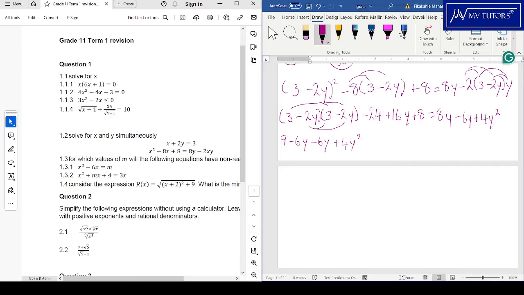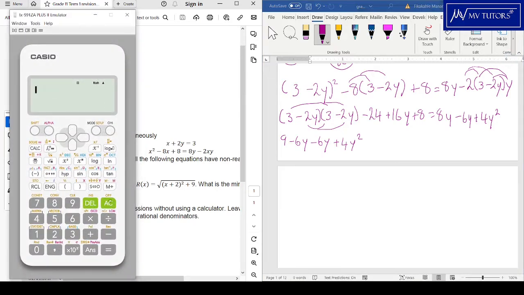Minus 24 plus 8. Let me combine that. Let's get a calculator. So it's minus 24 plus 8. Please try this on a calculator. Don't think of yourself as a hero. Okay, so it's just minus 16 plus 16y.